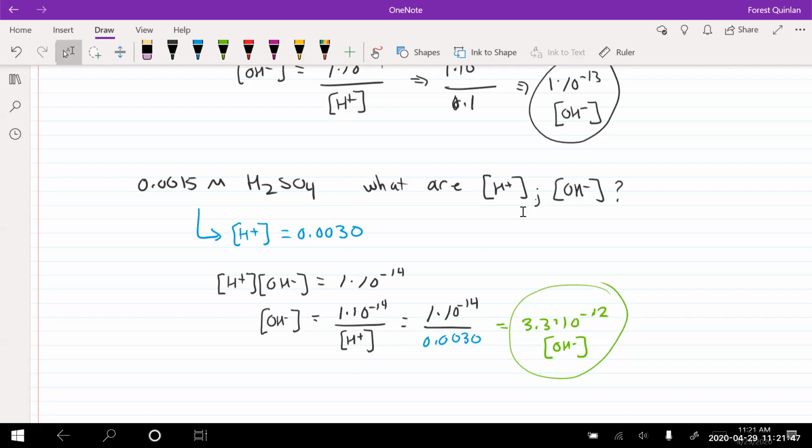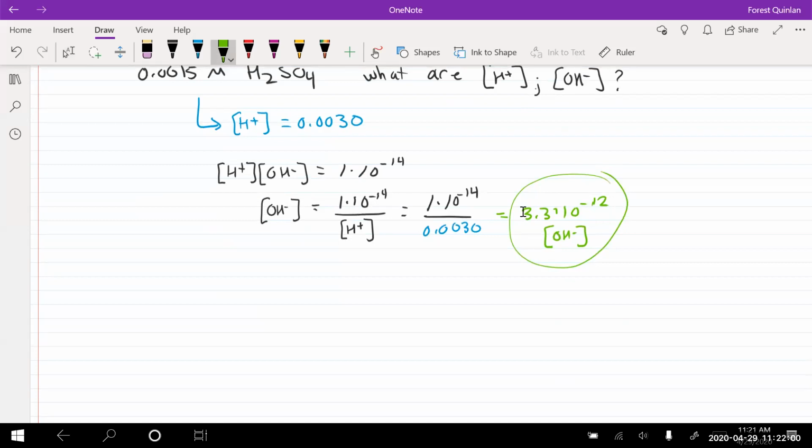Yeah, I believe so. It's in my notes, but let me make sure. Yep, 3.3 times 10 to the negative 12. Okay, thank you. Is this when you use the antilog? No, not yet.